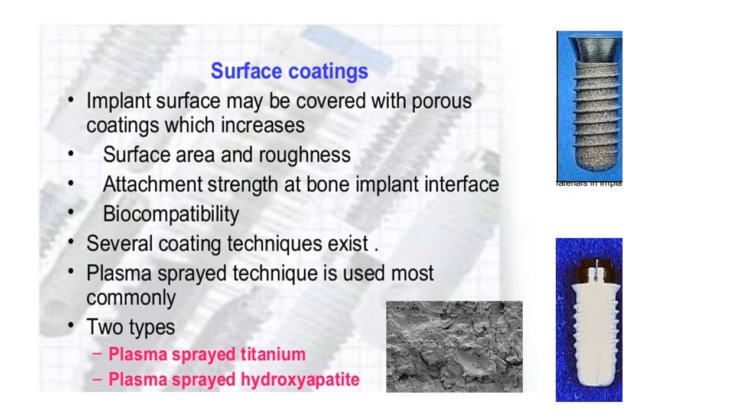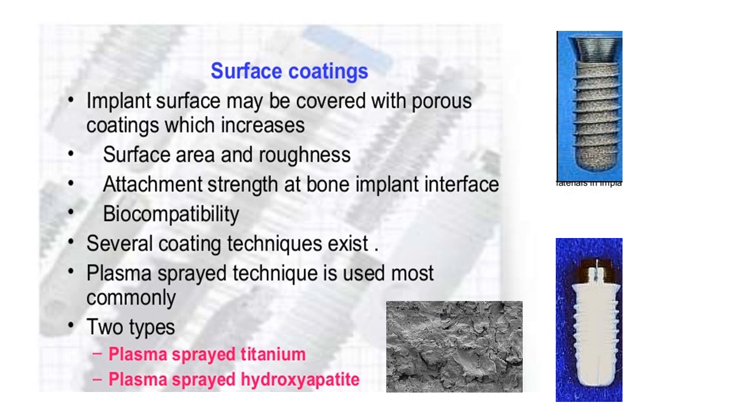The other procedure is surface coating. Now, this is a very popular procedure that has been carried out on implants nowadays. So, what is done is that the implant surface is covered with porous coatings, and this has been shown to increase the surface area and roughness, which again contributes to better bonding, attachment, or integration at the bone implant interface. It has increased the biocompatibility, and there are various coating techniques that exist. However, we won't go into the detail.